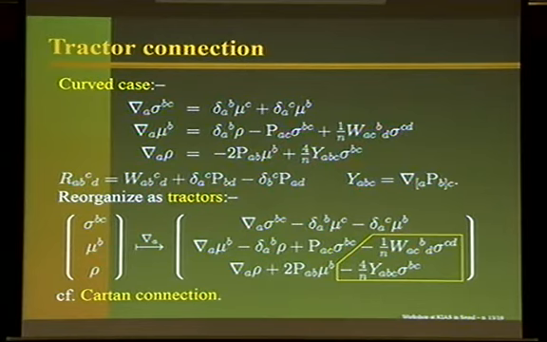Okay, so the Cartan connection is given by the same formula as this, except that these yellow bits in the box here are removed. Now the terminology here is just as in Yarn's talk. This is a connection on a vector bundle, so-called tractor bundle, tractor connection. What it is, it's almost an induced connection from the Cartan connection. That's what you would get if you omitted these bits in the yellow box here.